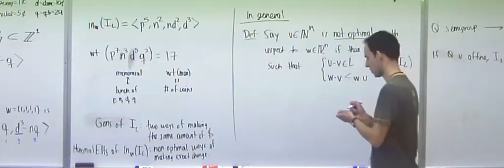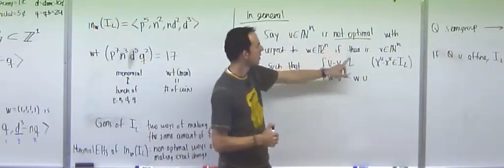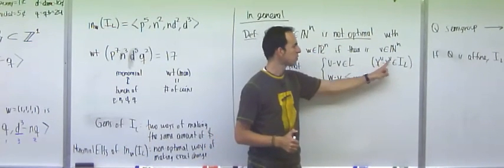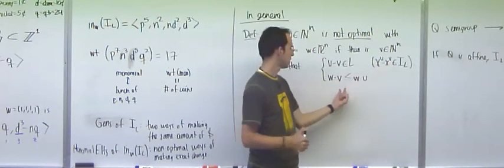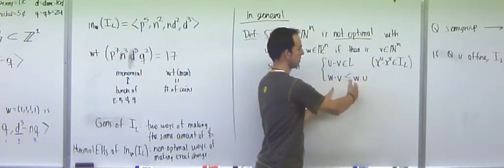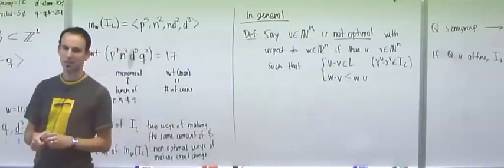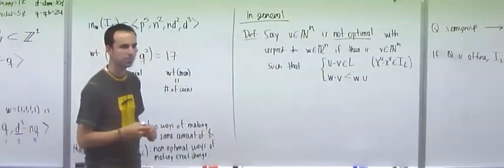Okay? So you see I'm saying exactly the same thing. u is not optimal if I can perform the exchange from u to v, thereby making a cheaper way of making the same number of dollars, which in this case is not a number, but a vector. Okay.